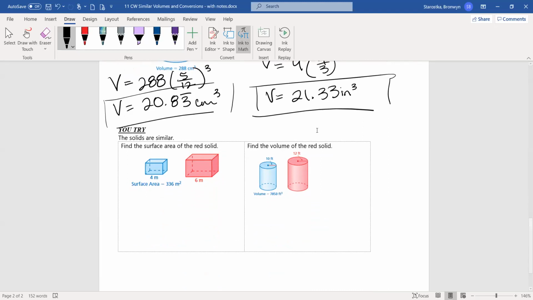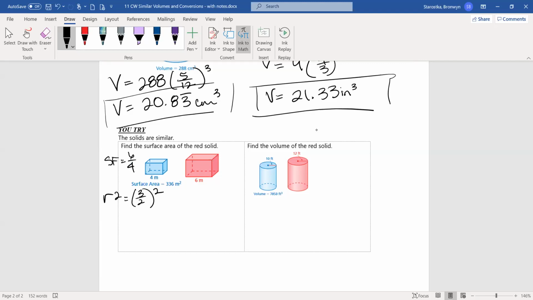Find the surface area of the red solid. Looks like we are getting bigger. Scale factor is 6/4, not 4/6, which is 3/2. Since we're looking for surface area, we're looking for R squared. So R squared is that 3/2, 3/2 squared.